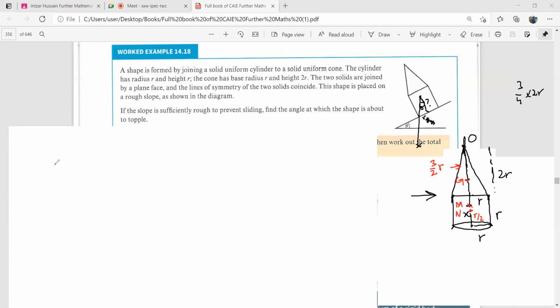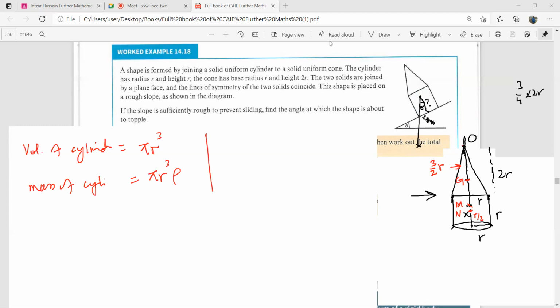First of all, we must know the volumes here. The volume of the cylinder is pi r square h, so this is pi r square h, pi r cube, right? Therefore, the mass of the cylinder is going to be pi r cube rho.